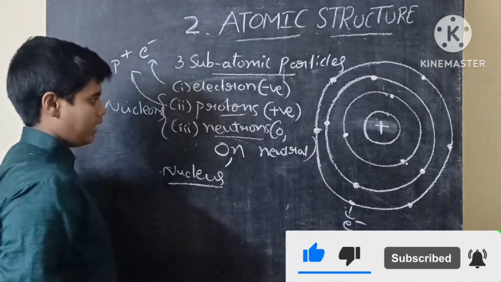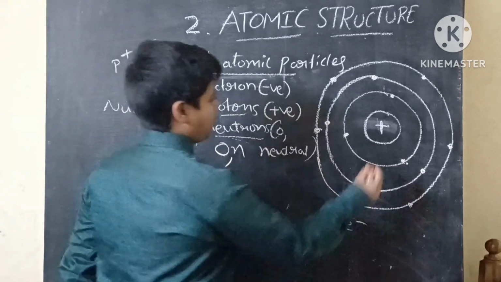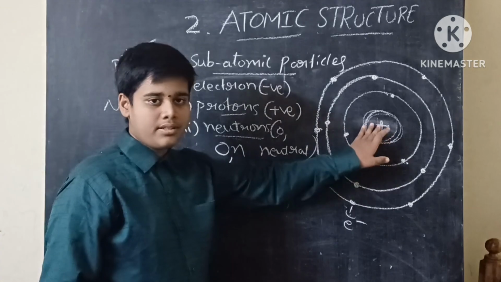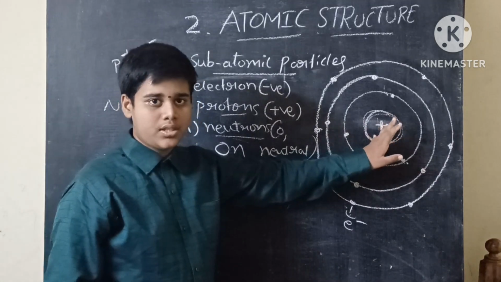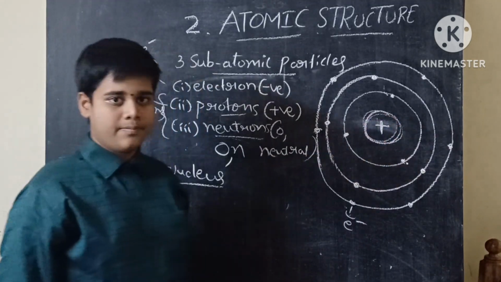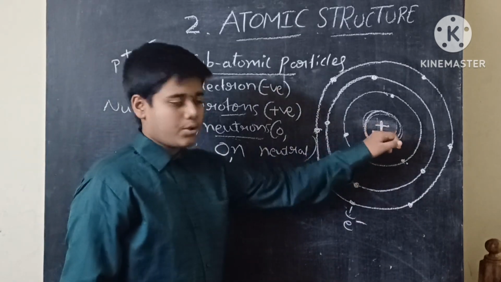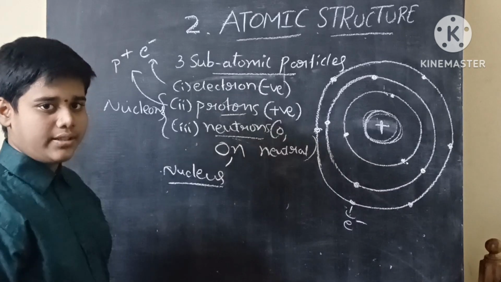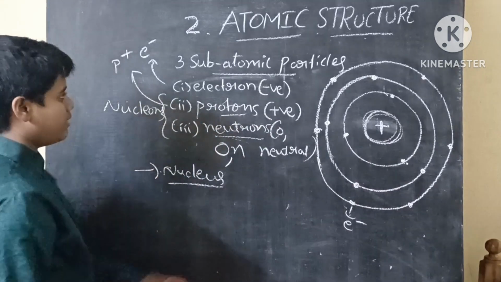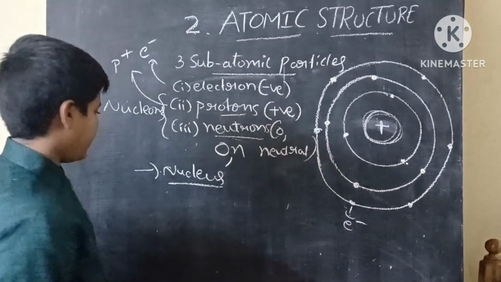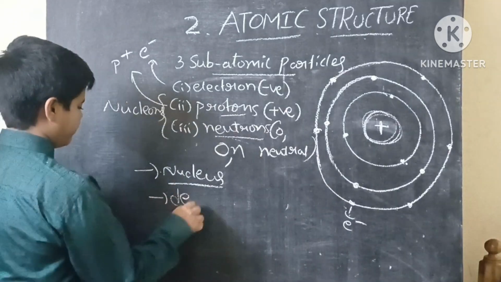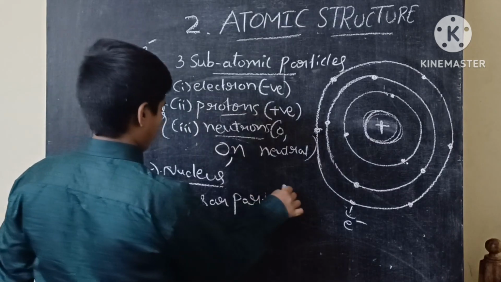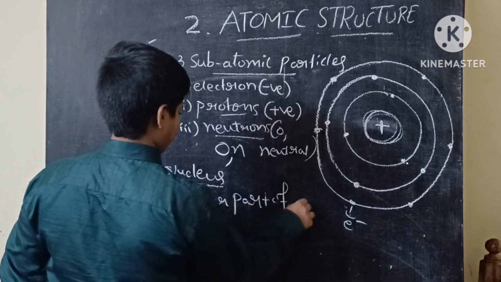Nucleus. Here nucleus means this part is known as the nucleus, which means in this nucleus there are protons and neutrons which are combined in this part. Okay, so this part is called the nucleus, the denser part of the structure of an atom.